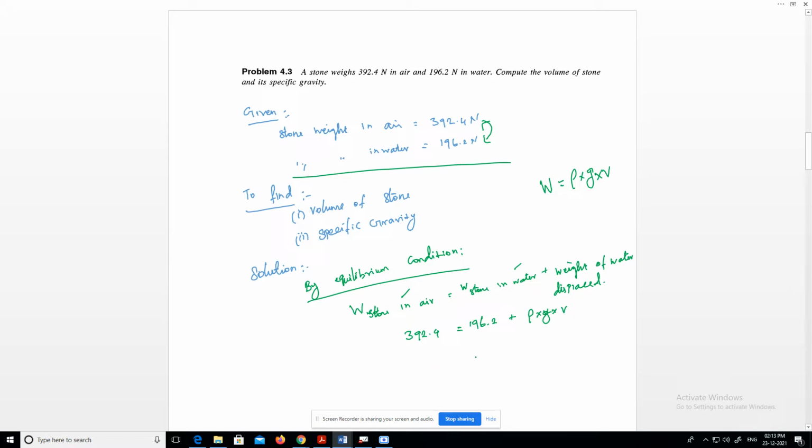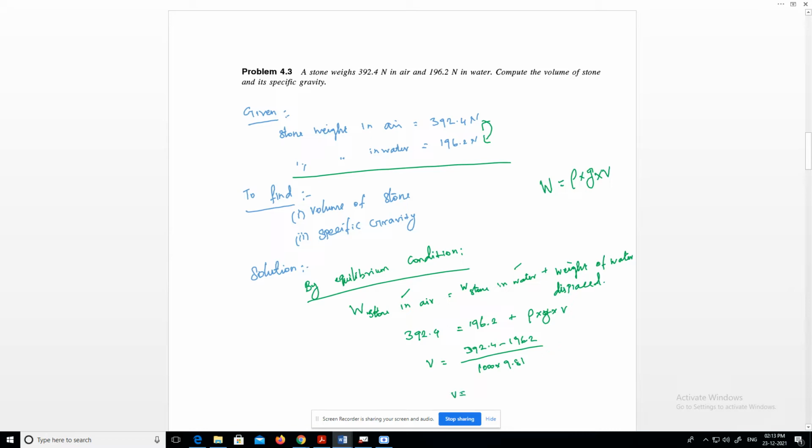Now from that we can calculate the volume of displaced fluid. 392.4 minus 196.2 divided by rho g, 1000 into 9.81.